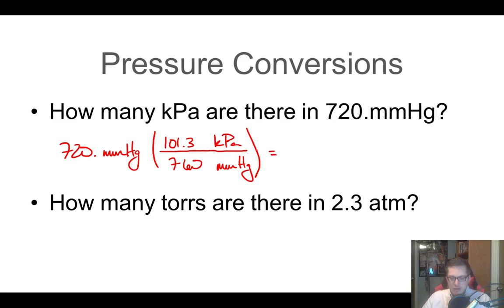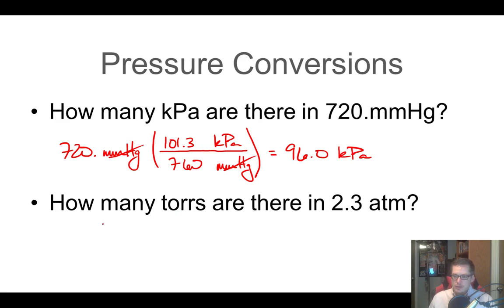Now we just take our calculator: 720 times 101.3 divided by 760. The 720 has 3 sig figs, so we want 3 sig figs. I got 95.968, so the 6 makes the 9 round up, so it'd be 96.0. The units, millimeters of mercury, cancel here and here, so we're left with kPa.